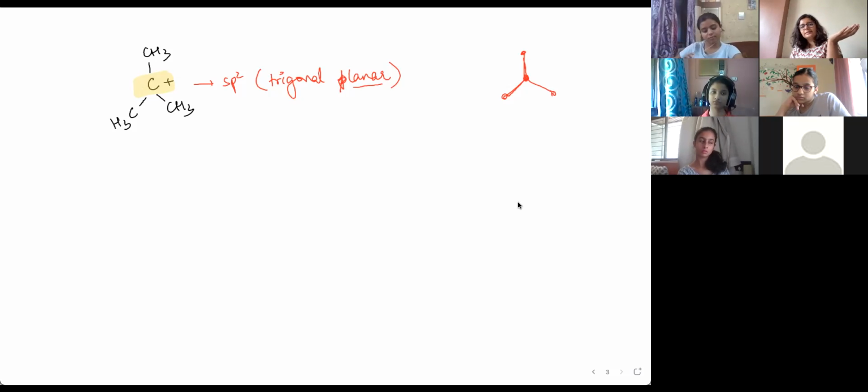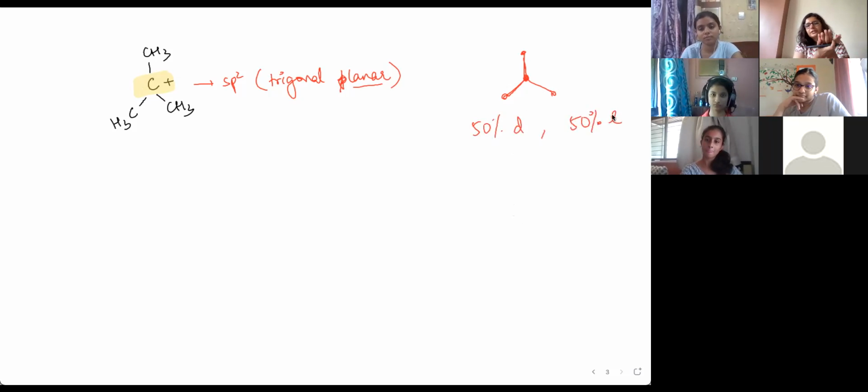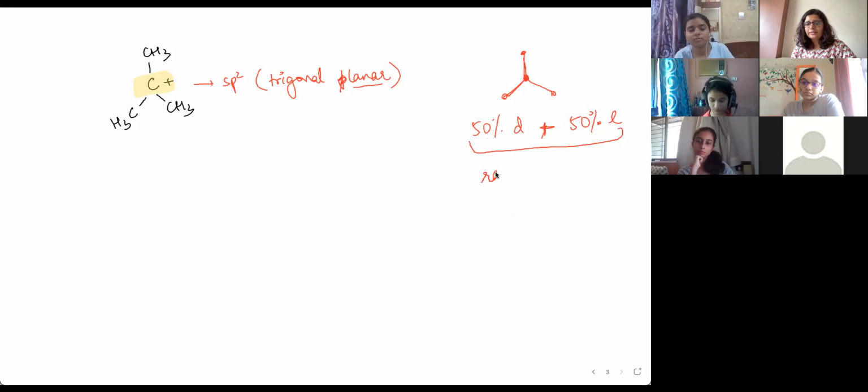So that is the reason that when it comes to stereochemistry, you end up with 50% dextro isomers and 50% levo isomers. Both mirror images are equally possible. Whenever you have a mixture of 50% dextro plus 50% levo, that is called a racemic mixture. So from where will it attack?